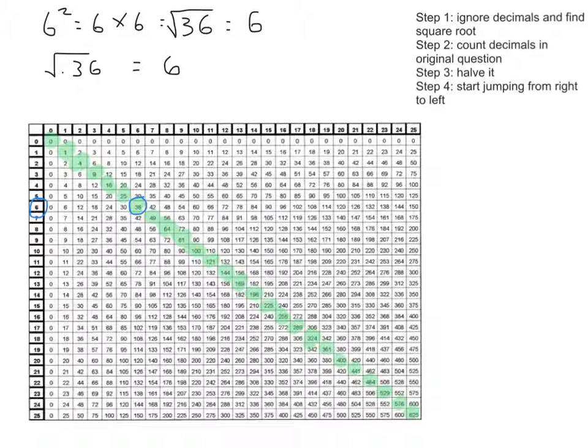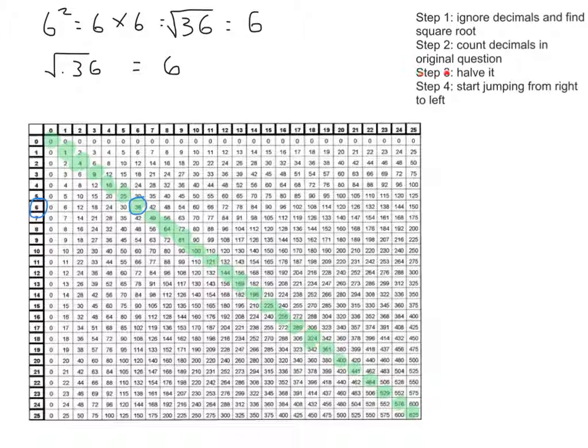Okay, so now step 2 is count the decimals in the original question. Now this is the original question here, and we can see that there's 2 decimals here, 1 and 2, right? So we've got 2 decimals, and we need to halve this. So half of 2 is 1.